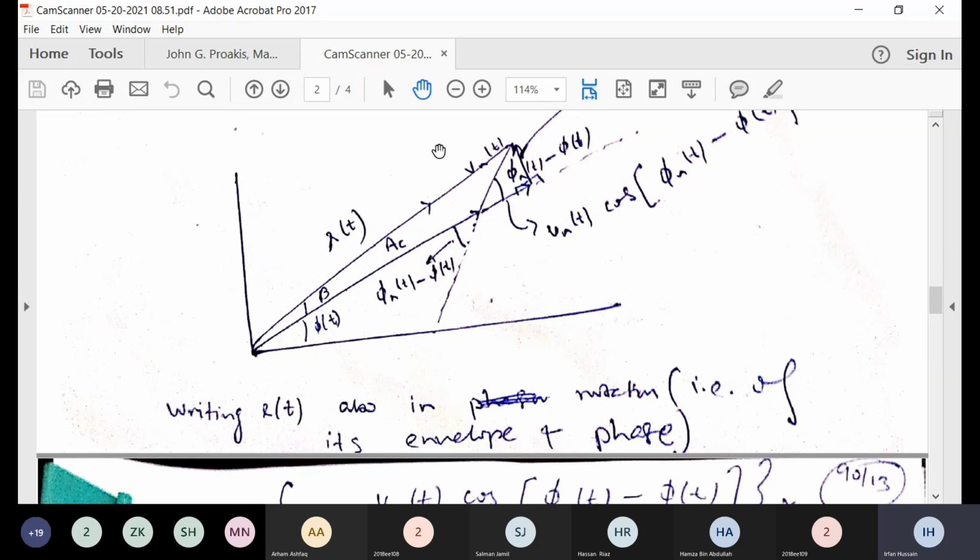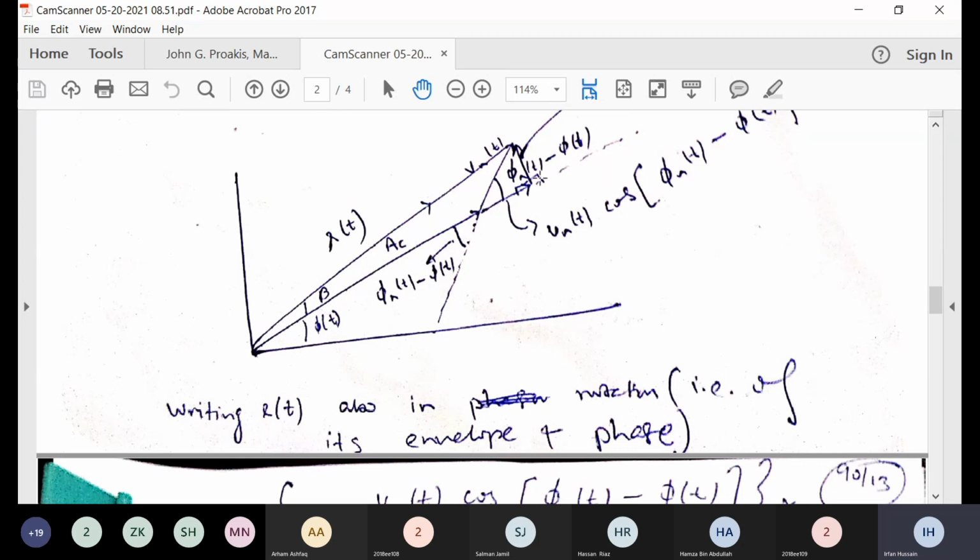So now I write my R of t in its envelope and phase notation by assuming that the amplitude of R t is approximately equal to AC plus this thing, Vn cos of this, because we are saying that this Vnt is very small, because Vnt is represented by its cosine and sine components.